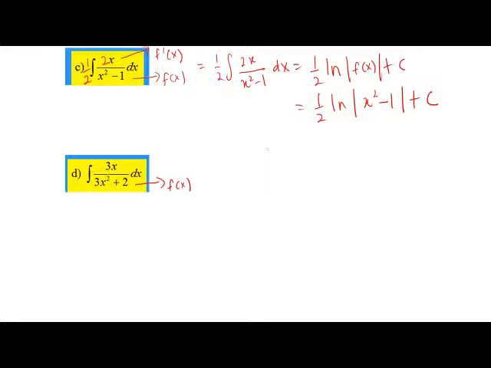So what you're going to do, you have to multiply by 2, and then you have to divide by 2 or multiply by half. So here it will be half the integration of 6x over 3x squared plus 2 dx. So this one is your homework.